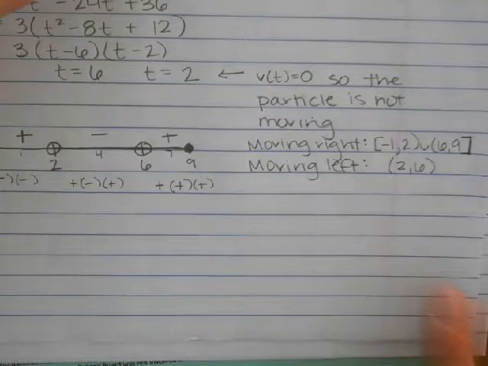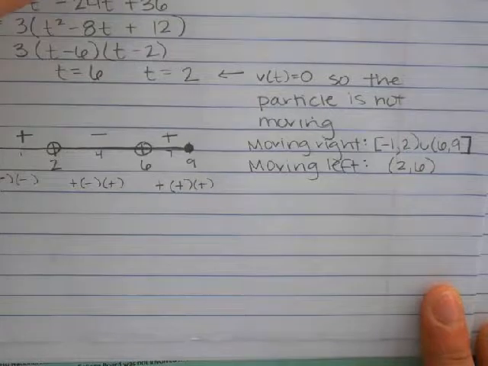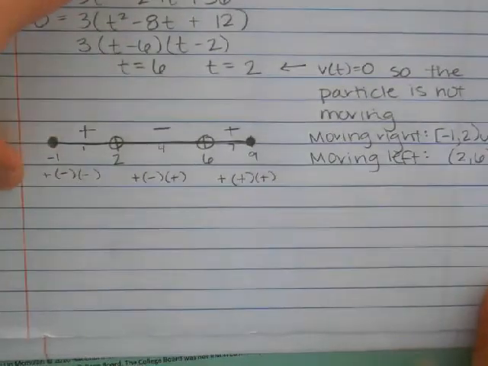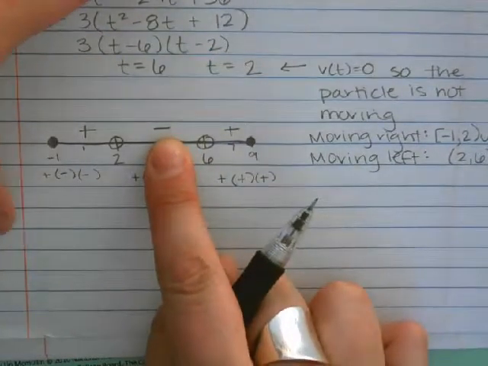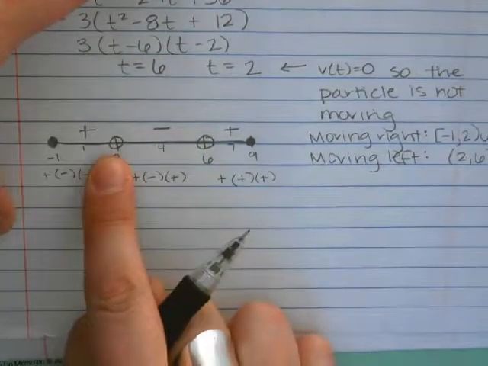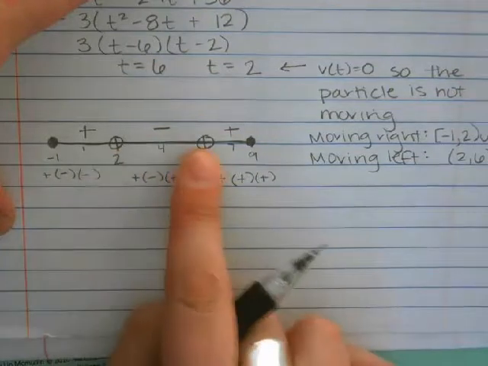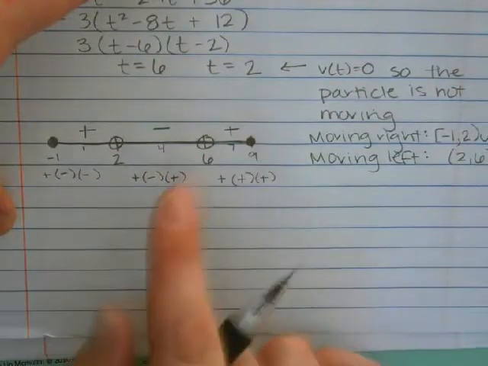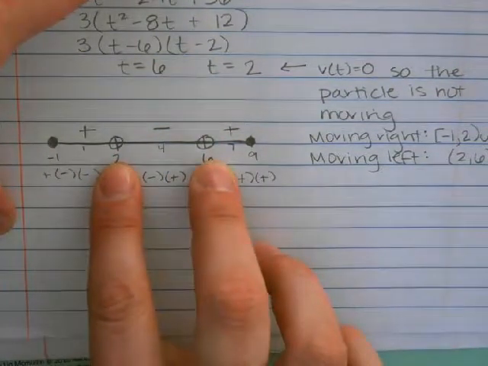Yes. If from 2 to 6 it was positive, would you just do bracket? If this in between had been positive, then you would have said -1 to 2, parenthesis 2 to 6, parenthesis 6 to 9, because we had to know that it was not moving at 2 to 6.